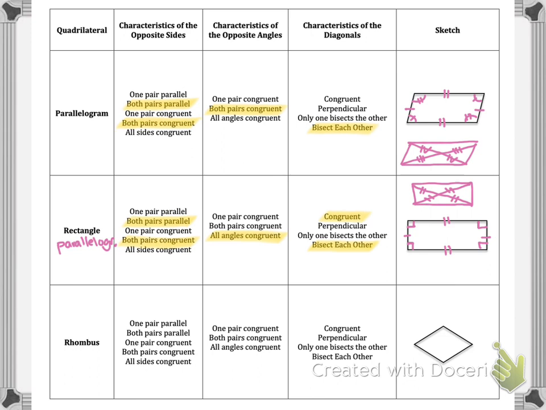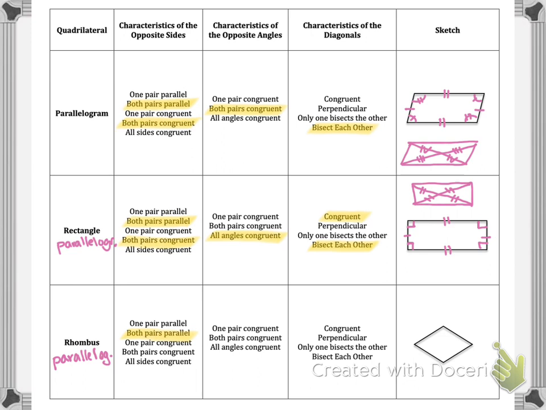Let's keep moving. In the rhombus, I also want to state that a rhombus is a parallelogram. Well, okay, it is a parallelogram. So it also has the features of a parallelogram, but it has a few additional features as well. So in a rhombus, we do still have both pairs of opposite sides are parallel.